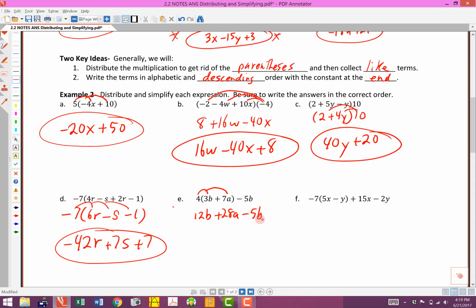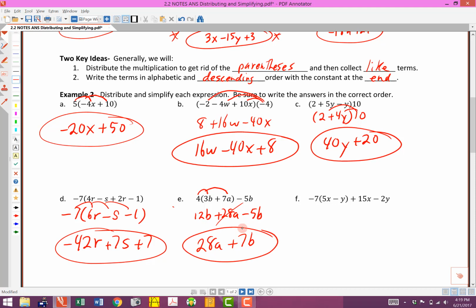I'm going to be smart about this. This is the only a term. It's going to come first alphabetically, so I'm going to write 28a, and I'm going to lightly cross that off. That leaves these two right here. They are like terms, so let's go ahead and combine them. 12b minus 5b would be 7b. We'll go ahead and circle that, and we're all set to go.